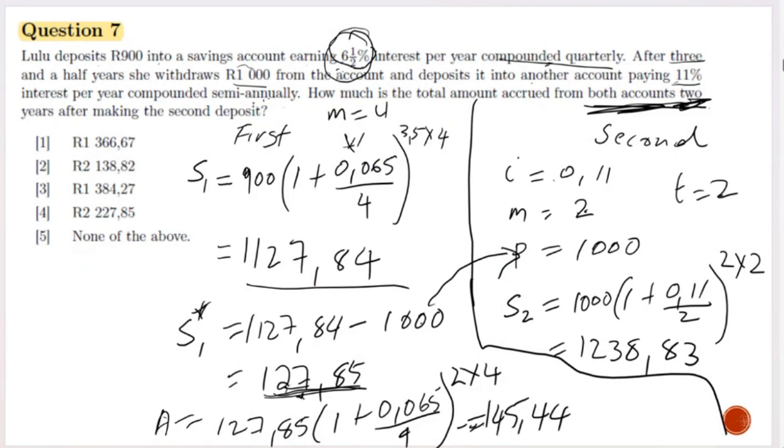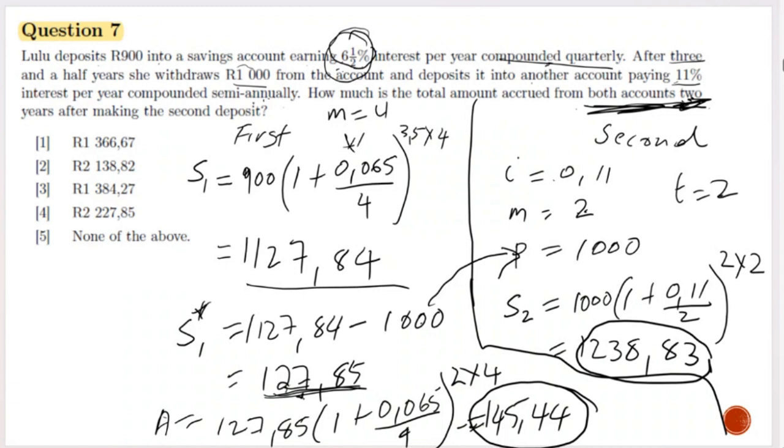145.44. And what is the question being asked? How much is the total amount accrued from both accounts? So your accumulated amount is going to be this one on the first account and this amount on the second account. That is what is accumulated in the end.